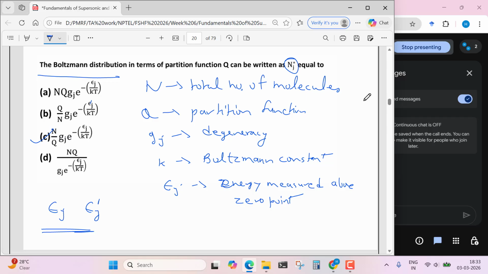The Boltzmann distribution in terms of partition function Q can be written as Nj star equal to, option A, Nq upon Gj e to the power minus epsilon j upon Kt. Option B, Q upon N Gj e to the power minus epsilon j upon Kt. Option C, N upon Q Gj e to the power minus epsilon j upon Kt. Option D, Nq upon Gj e to the power minus epsilon j upon Kt.